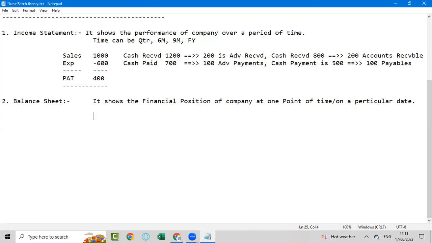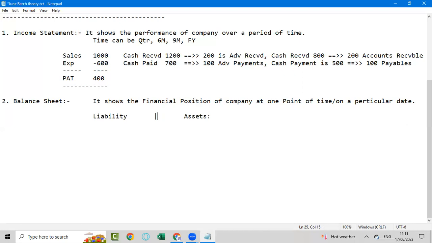Now, in the balance sheet, we have two parts. On the one side, we have liability, and on the other side, we have assets. Right now, we are only taking a brief discussion about all the three statements. We will have a detailed discussion of income statement, balance sheet, and cash flow. It will take roughly 3 hours only on income statement.